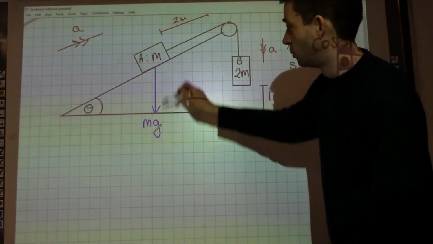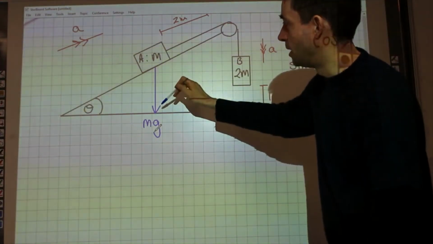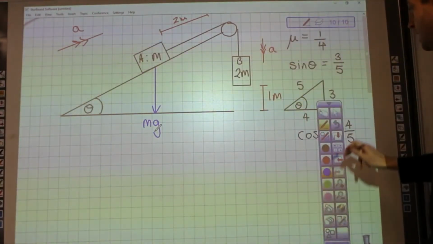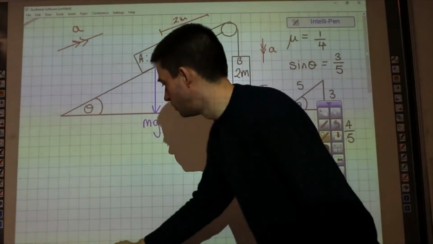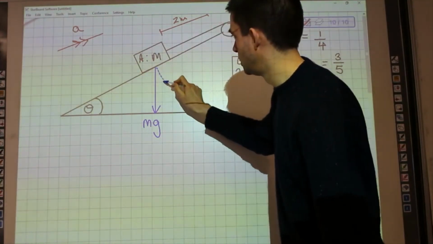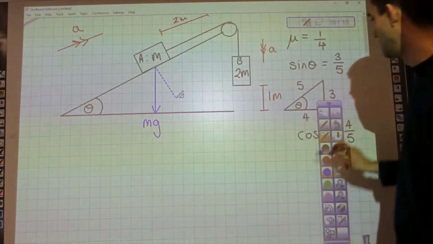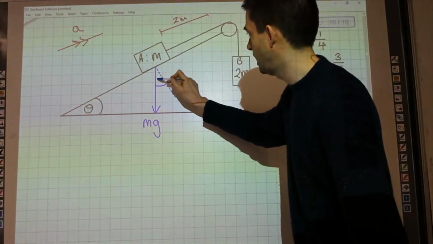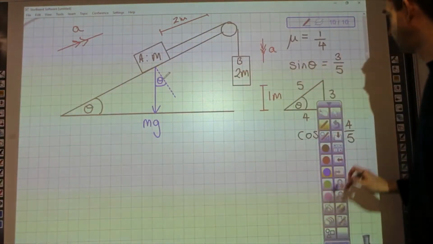Now remember, this weight is acting in a direction that isn't parallel or perpendicular to the plane that A is on. So I'm going to draw my dashed line in perpendicular to the plane that A is on, because I know that doing that creates the same angle theta here as I've got here.